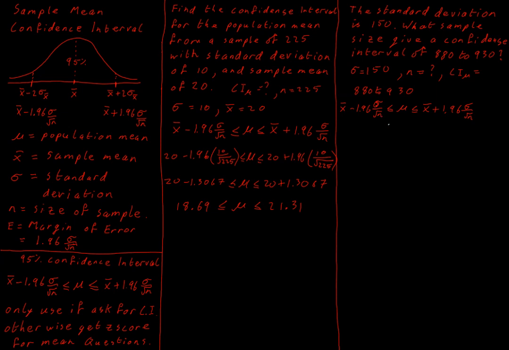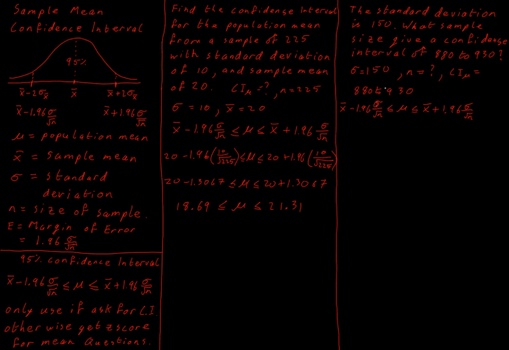So we need to figure out what x bar is, and then we'll be able to find out what n is. And it's easy enough to find x bar because we know that it's halfway between these two boundaries, because again, we're adding and subtracting the same thing to x bar to get these two numbers. Therefore, x bar must be halfway between them.